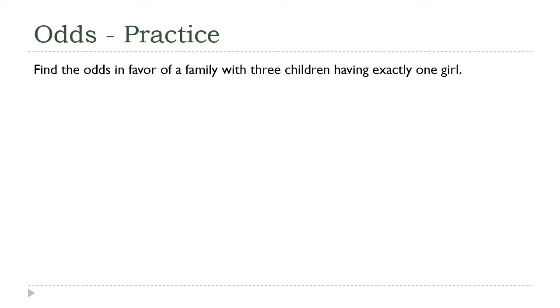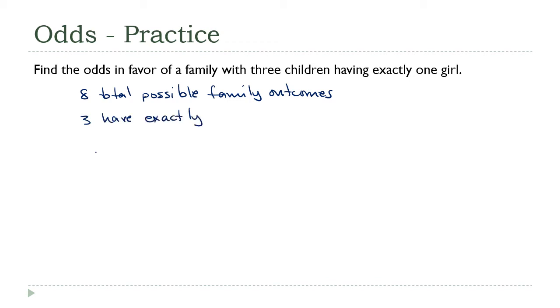So there are 8 total possible family outcomes, and 3 have exactly 1 girl.